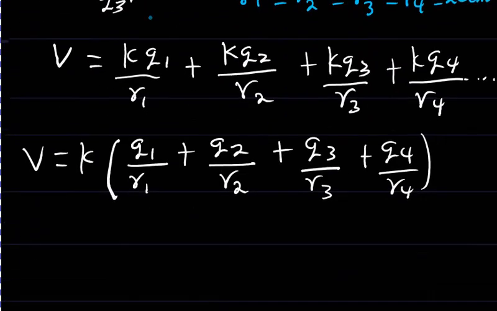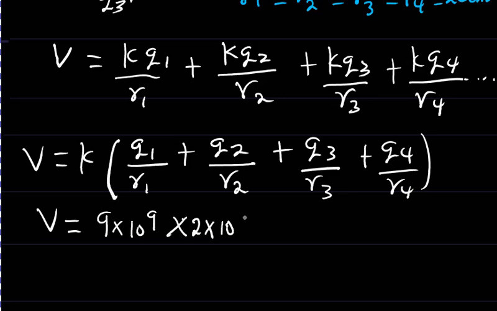So applying this formula, the total electric potential is going to be 9 times 10 raised to the power 9. The charges are the same, so I can factorize them out, which is 2 times 10 raised to the power of minus 6.